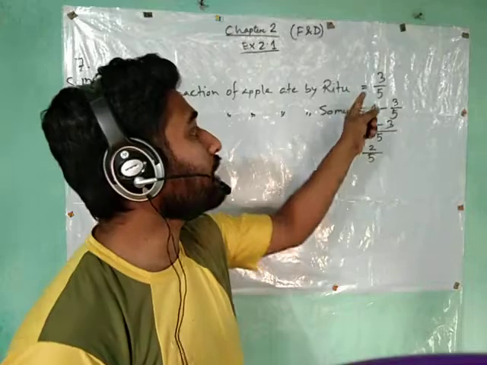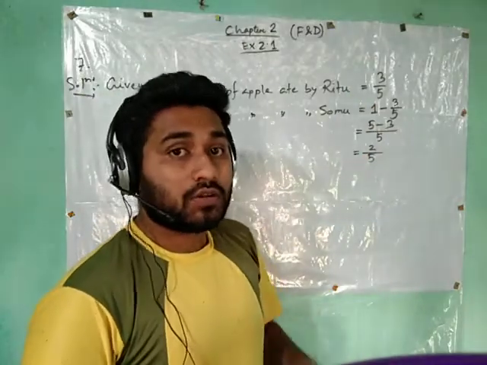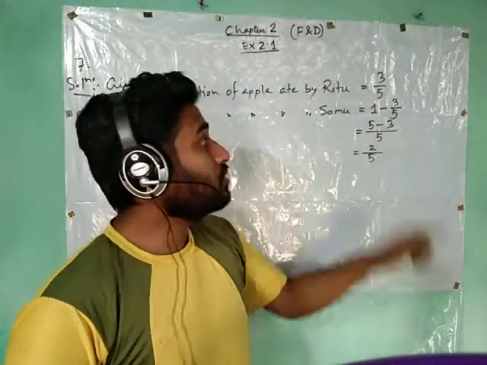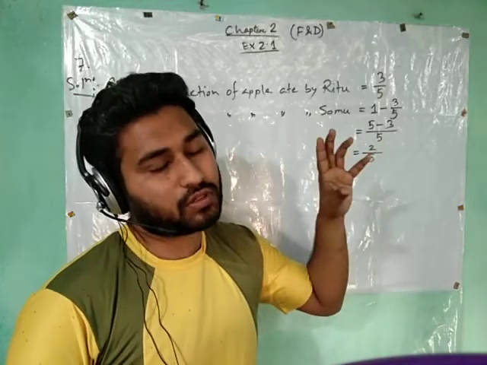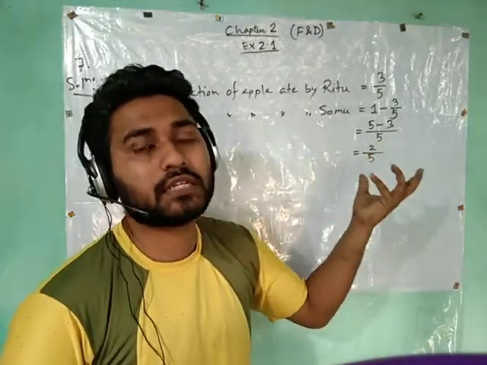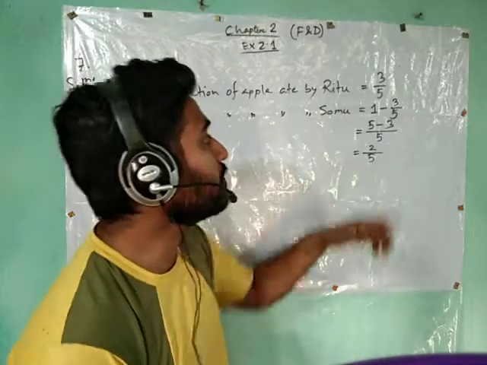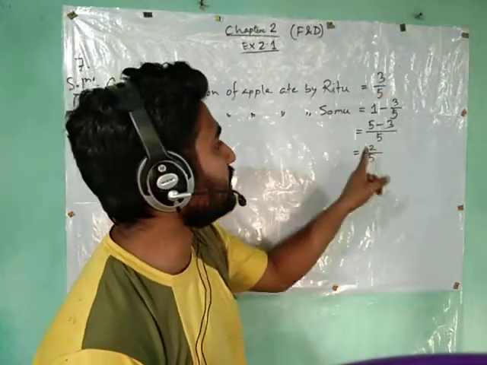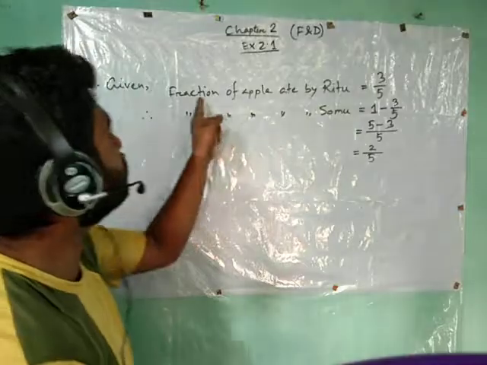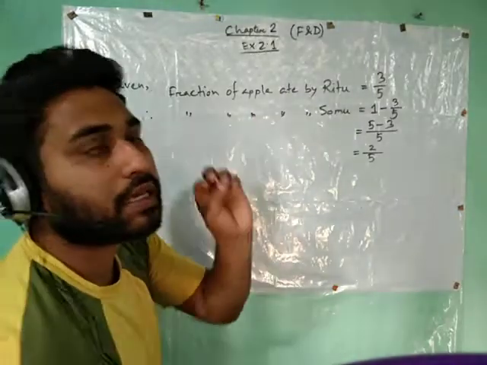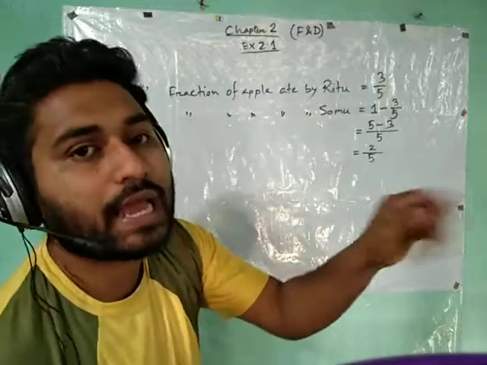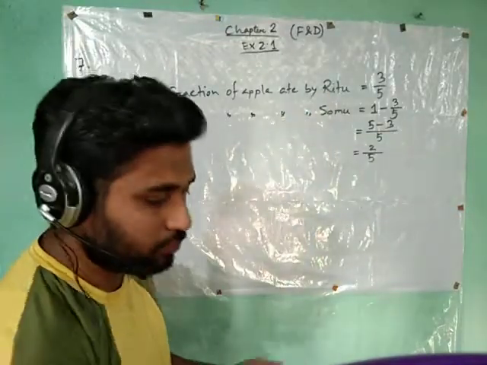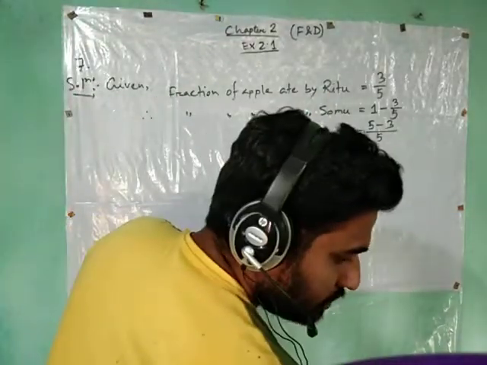According to the rule, whose numerator will be greater, that fractional number will give you the greater value. That means 3 is greater than 2, that means Ritu has more part. Most part of the apple was eaten by whom? Ritu.